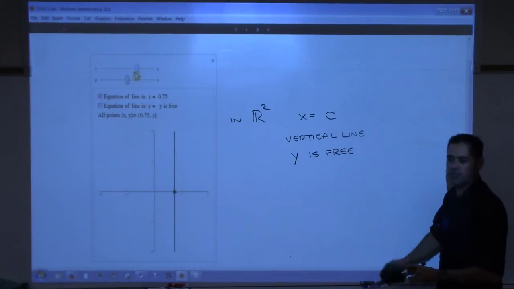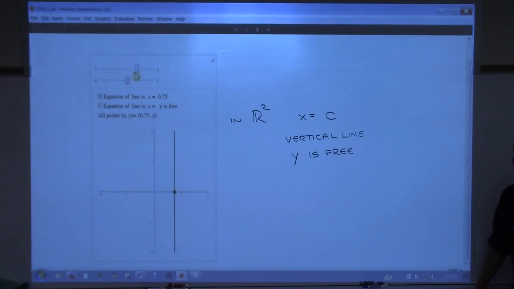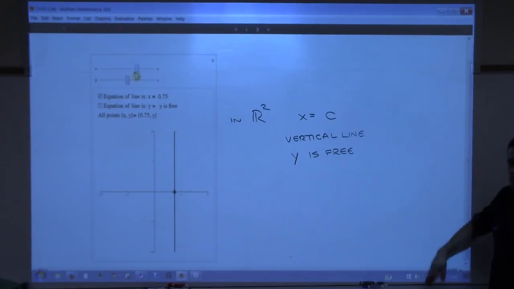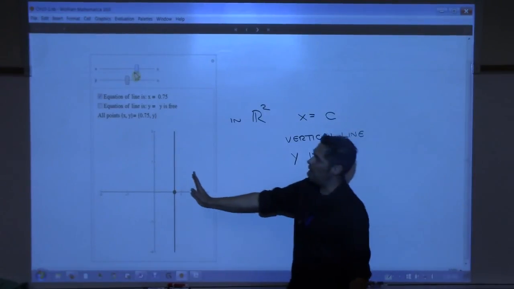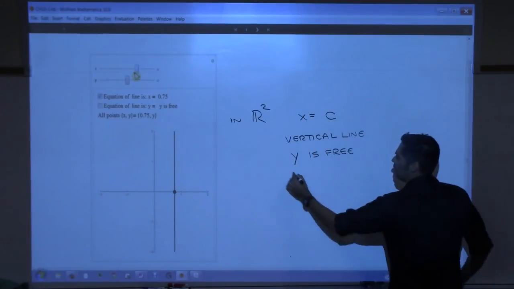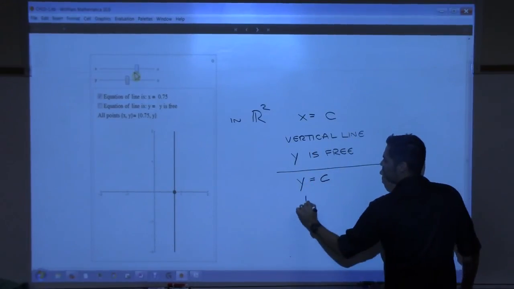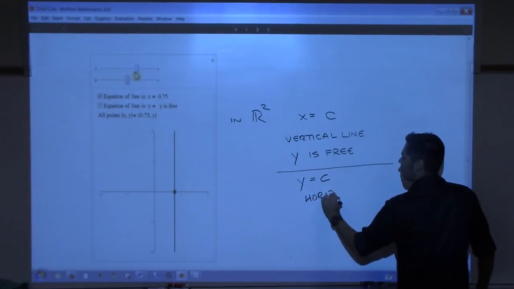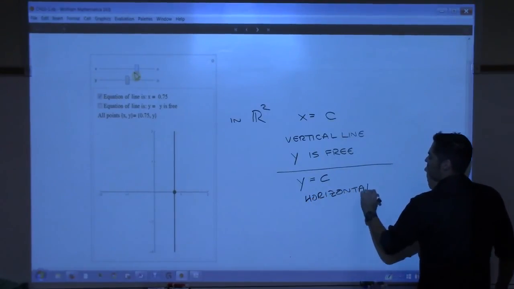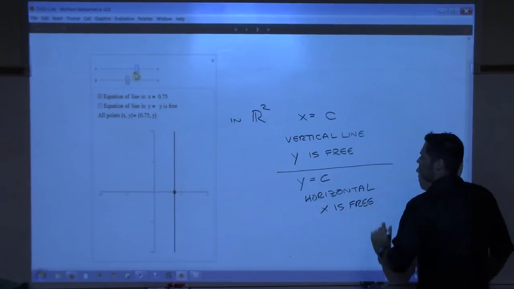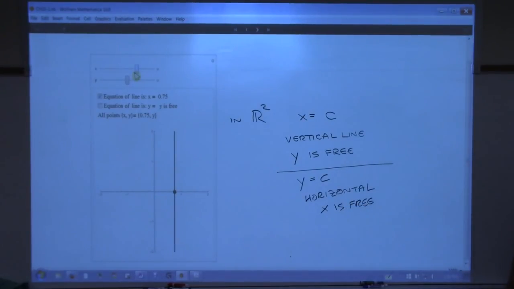Y is what we refer to as a free variable. So your x is fixed, but your y is free to be whatever you want, and that gives you your vertical line. If you have y equals a constant, this is horizontal, and this time x is free. That's what's happening in R2, horizontal line.